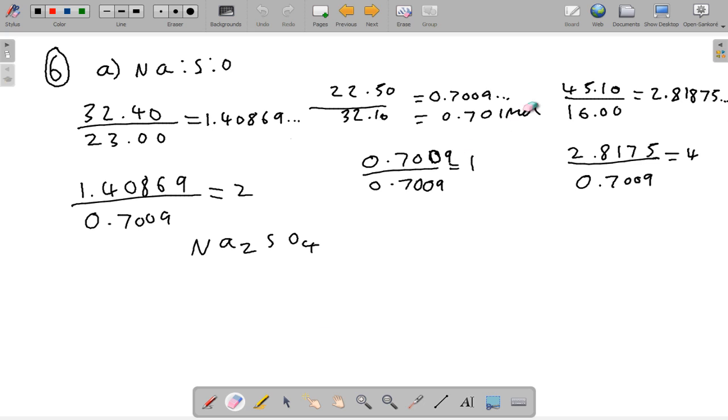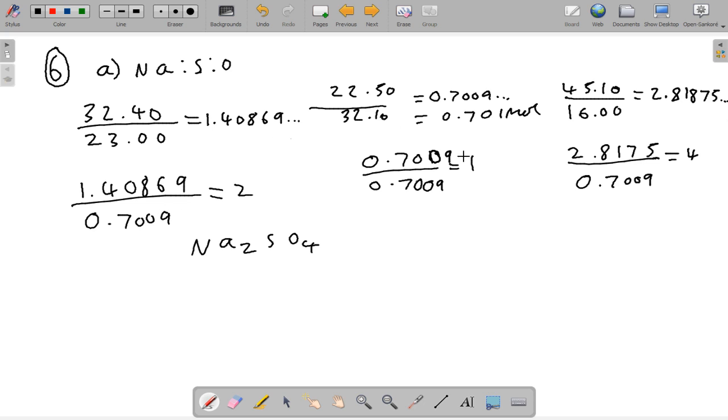Keep the full display in the calculator in order to retain full accuracy for empirical formulas. 45.1 over 16 gives us 2.81875, and this is then dividing by the smallest part, 0.7009 moles.